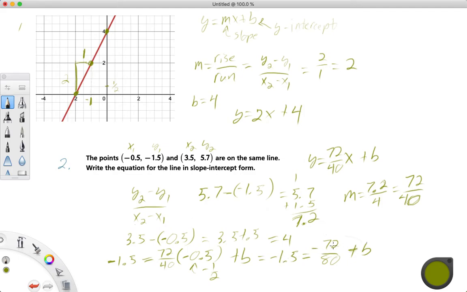I don't have anything against that. Let's multiply everything by 80, just to get rid of that fraction for now. So 80 times negative 1.5 would be negative 120. And I'm sorry that I'm running out of screen. Negative 120 equals negative 72 plus, remember we can't leave the b out, so we have 80b.